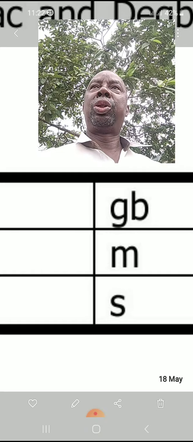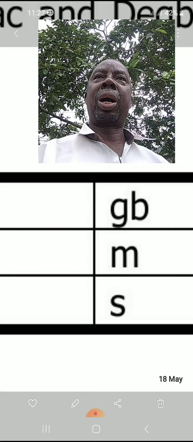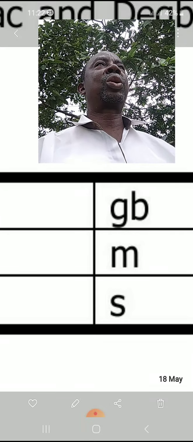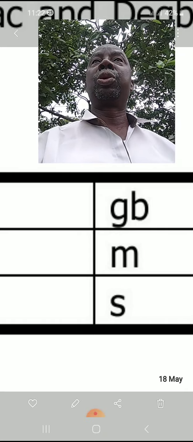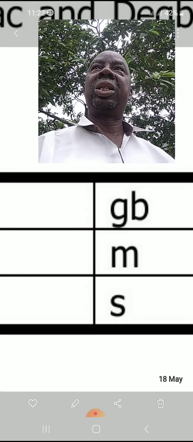Now, you have got to see that GB will be used in writing the book, and that word book begins the sentence. So if you want to capitalize the G, you must equally capitalize the B, and that makes it a digraph.